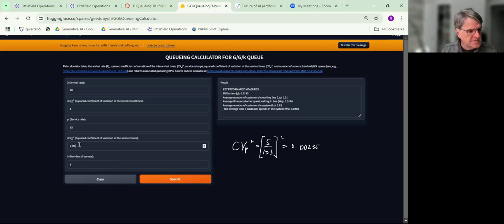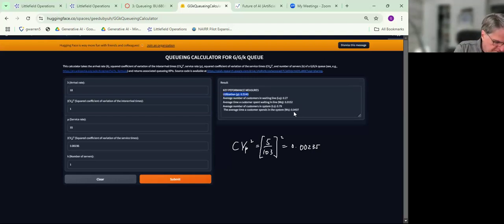We're switching out the machines. Utilization remains the same because again, it's just changing the variance. And now I'm at 0.0437. So 2.622 minutes. So write that in. So that would be hours, and that would be 2.622 minutes.